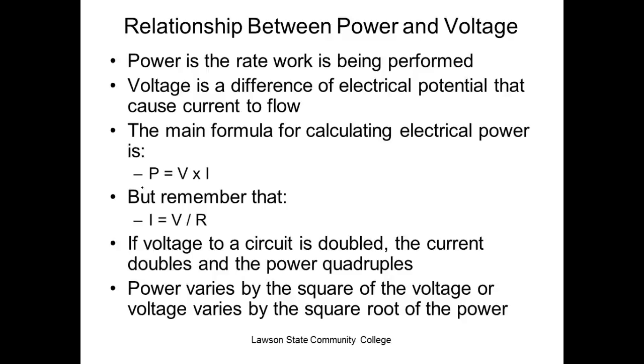Power, but we got to understand something about power too. Power is the rate of work that's being performed. Voltage is different. It's the electrical potential that causes current to flow. The actual formula for power is what?